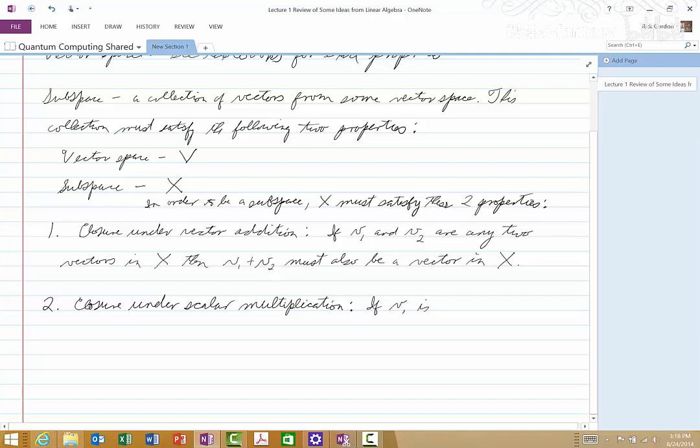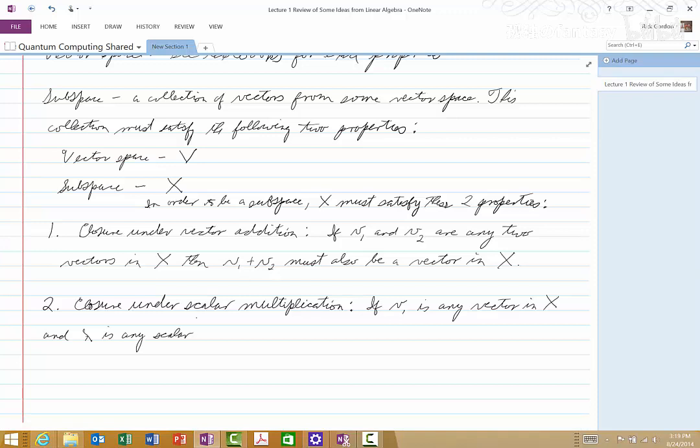If v1 is any vector in X and lambda is any scalar, and by scalar I mean a number, and sometimes we're dealing with only real scalars, and sometimes we'll be dealing with complex scalars. In most of the problems in this course, we will in fact have complex scalars, but still it's just a number, just a complex number.